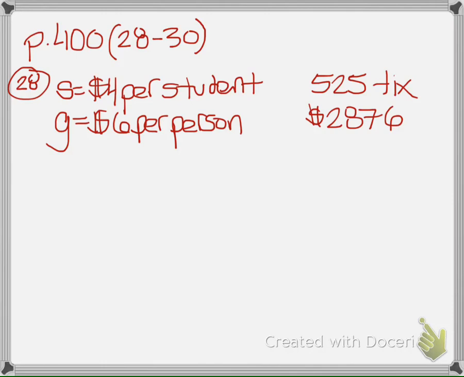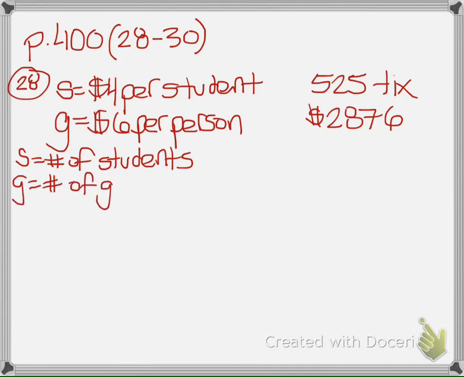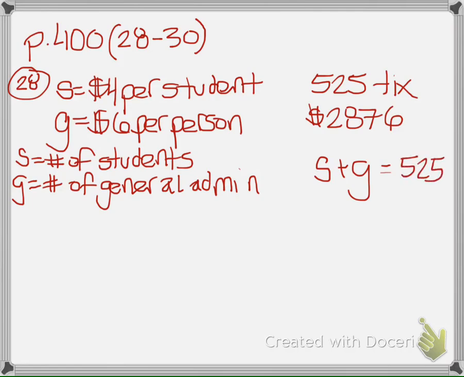Well, your first equation would be if S is number of students, and G is equal to the number of general admission, then you could come up with the equation the number of students plus the number of general admission is 525 total tickets.